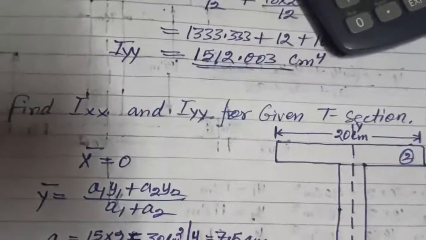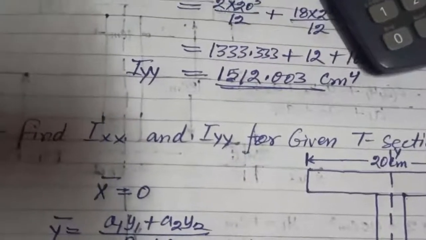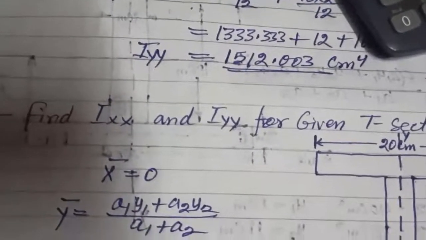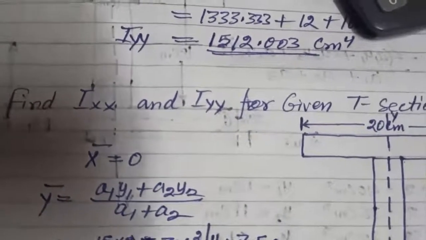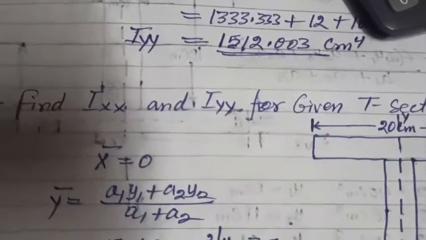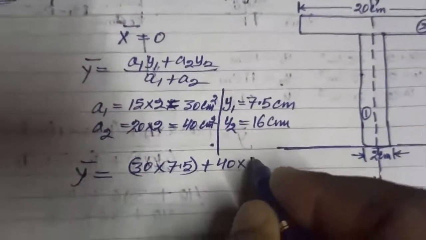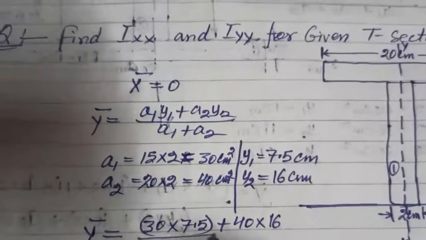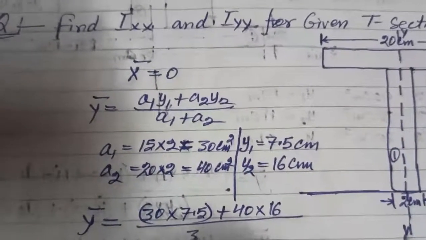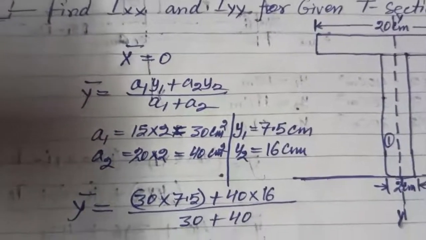So now Y bar is equal to A1 into Y1, A1 is 30 into Y1 is 7.5, plus A2 is 40 into Y2 is 16 centimeter, divided by A1 30 plus A2 40.